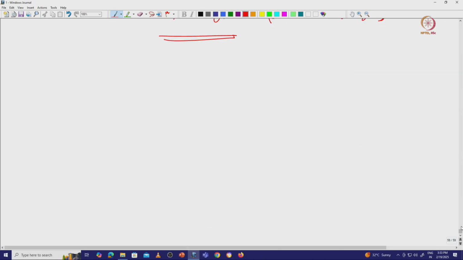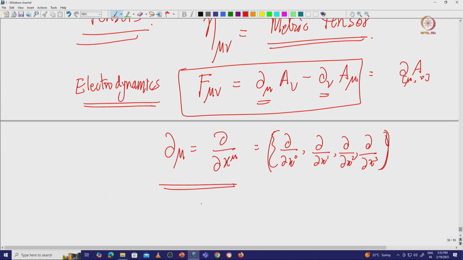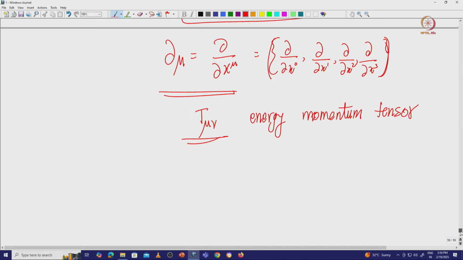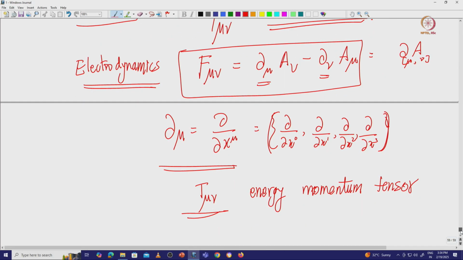There is also one more tensor, which is called the energy momentum tensor, T mu nu. It will appear in quantum field theories and the general theory of relativity, which we will not encounter right now. Now why is a tensor different from a vector?